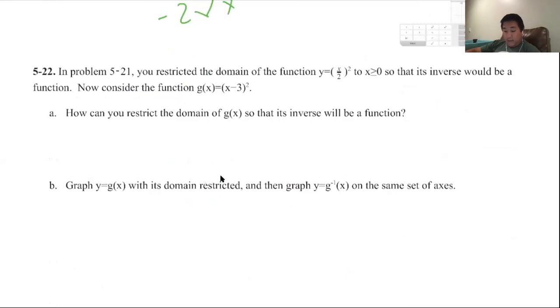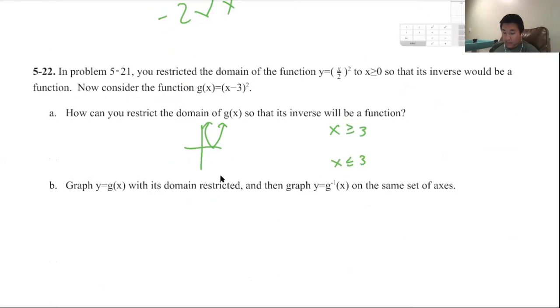Consider the function below. Now can you restrict the domain so that the inverse will be a function? This is a parabola, 1, 2, 3 to the right. So I want just the, so you could do x is greater than or equal to 3, or x is less than or equal to 3.